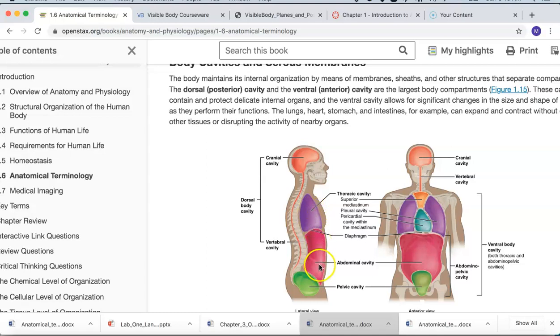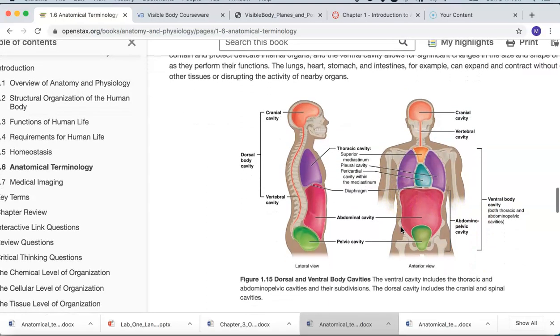The ventral body cavity has two basic subcavities within it. There's a thoracic cavity and an abdominopelvic cavity, which is the combination of these two here. Here you see it over here, abdominopelvic cavity. If we look carefully at these cavities, the thoracic cavity has basically two pieces to it.